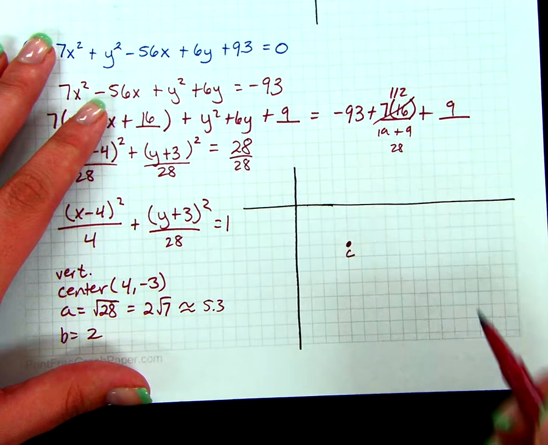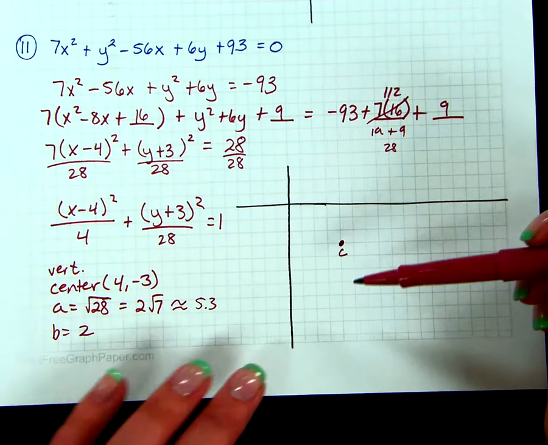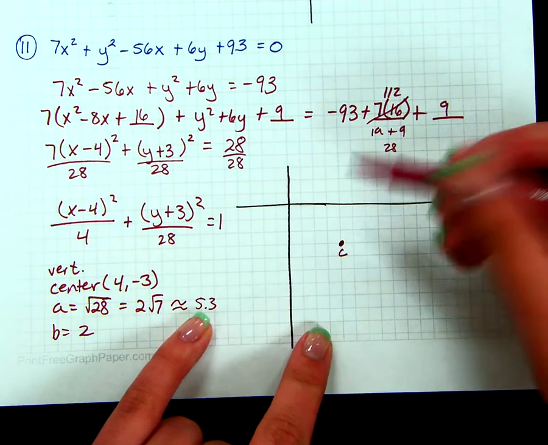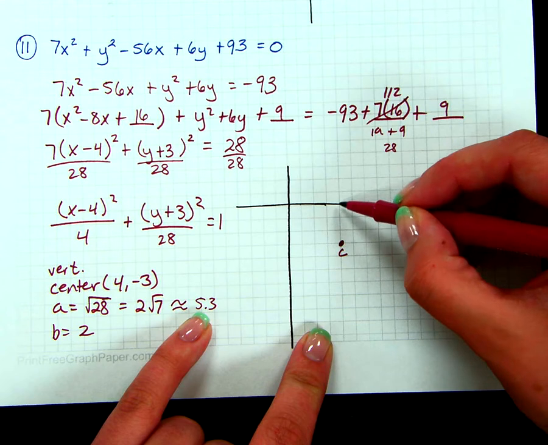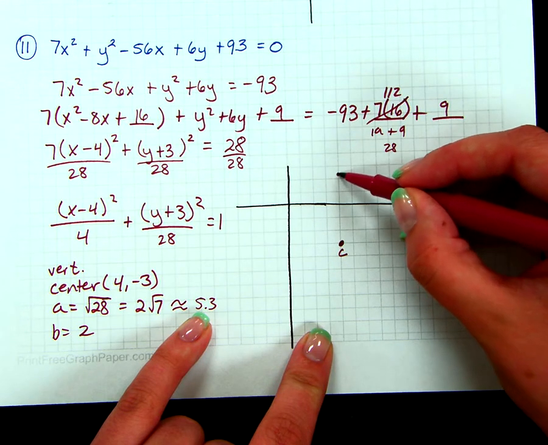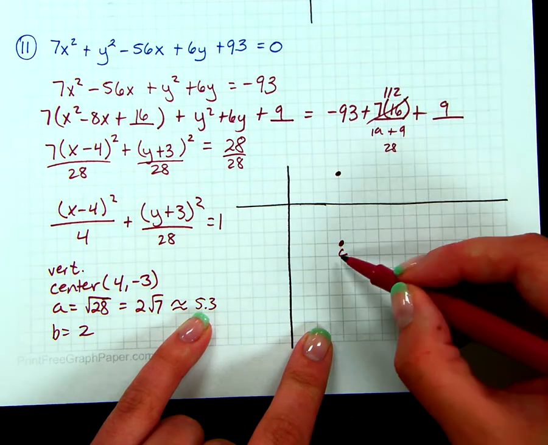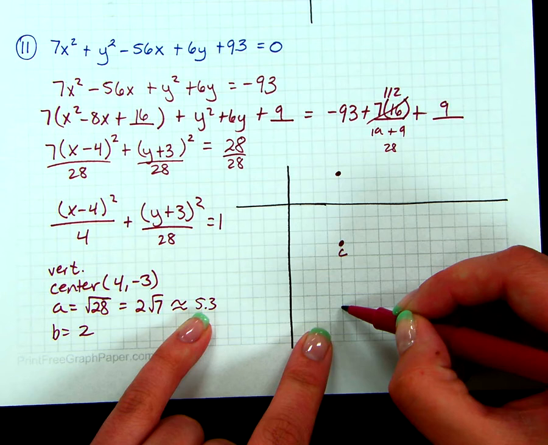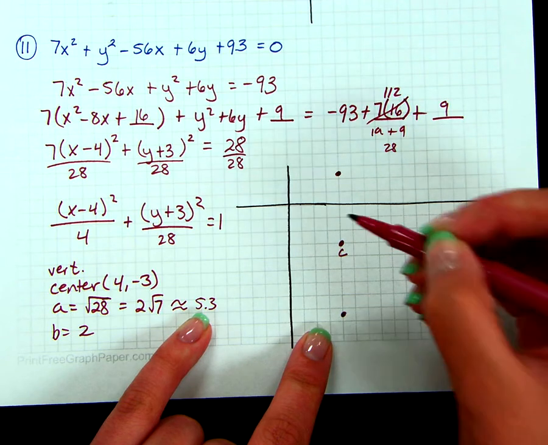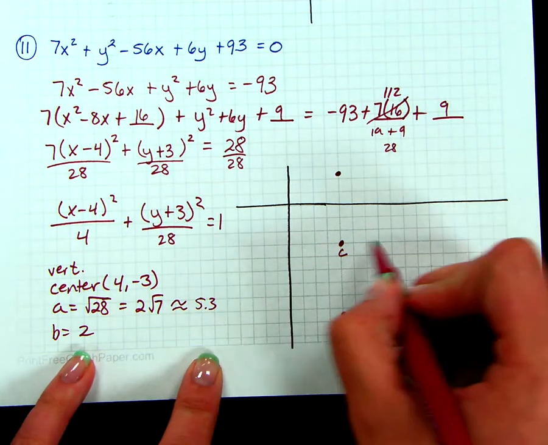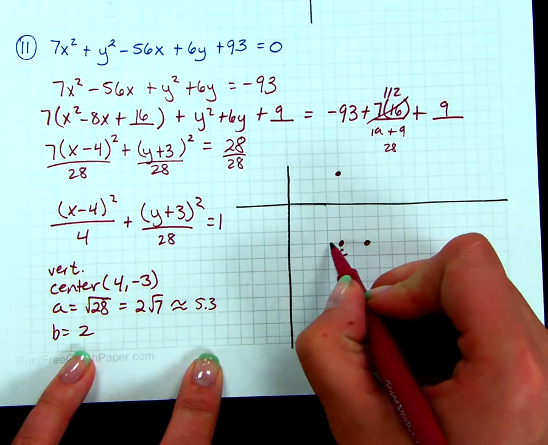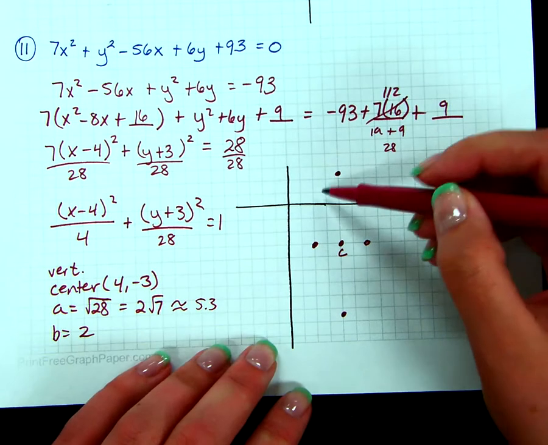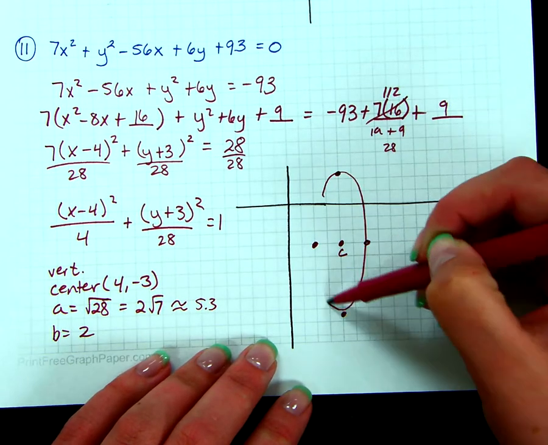So here's our center. So vertical, so we're going to go up and down our A, so about 5.3. So 1, 2, 3, 4, 5, a little bit away. And then 1, 2, 3, 4, 5, a little bit past. And then we're going to go 2 to the left and right. So 1, 2, and 1, 2. And then we're going to connect it into that oval shape.